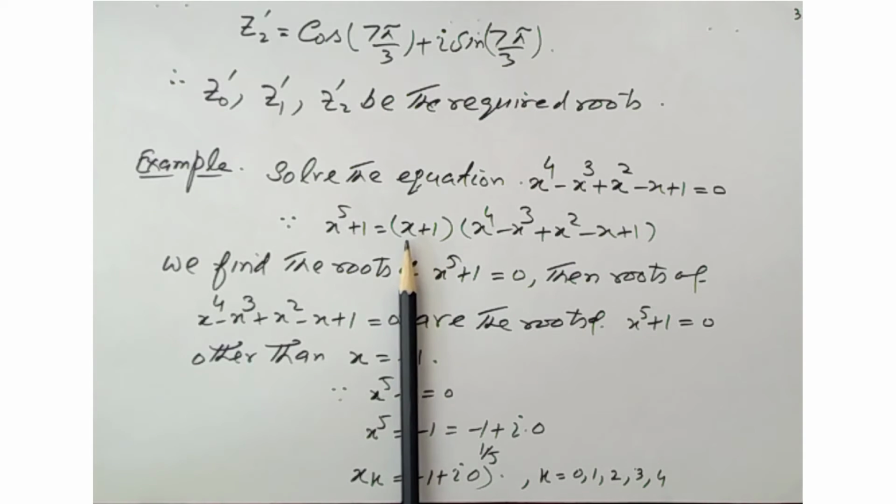That is out of our requirement. Now we solve this equation x^5 plus 1 equal to 0. x^5 equals minus 1, which can be written as minus 1 plus iota into 0. So xk becomes (minus 1 plus iota 0) raised to power 1 by 5. By putting the values of k as 0, 1, 2, 3, 4, we get the required 5 roots.